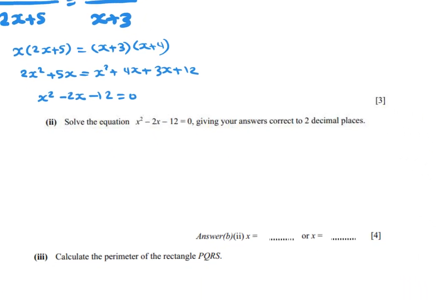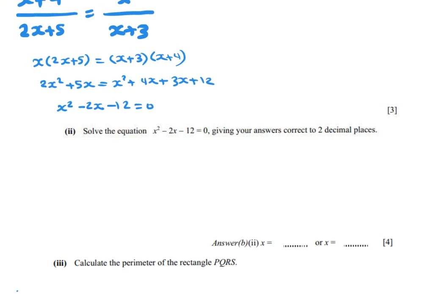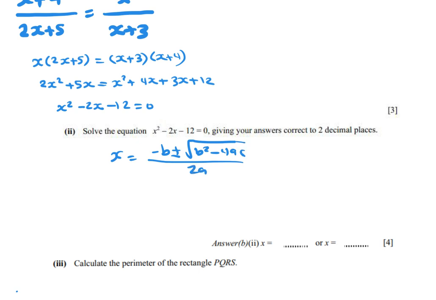Now solve this equation, correct to two decimal places. This means we cannot factorize, so we use the formula. The formula is x equals negative b plus or minus the square root of b squared minus 4ac, over 2a. A is 1, b is negative 2, c is negative 12.